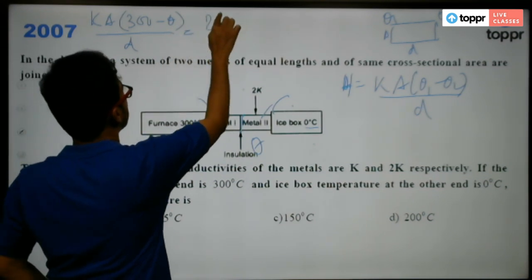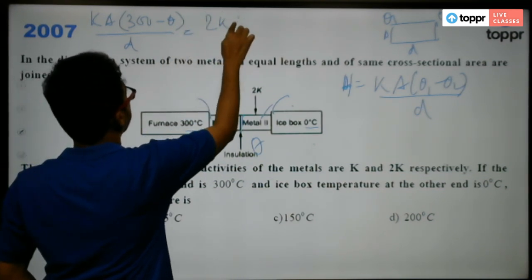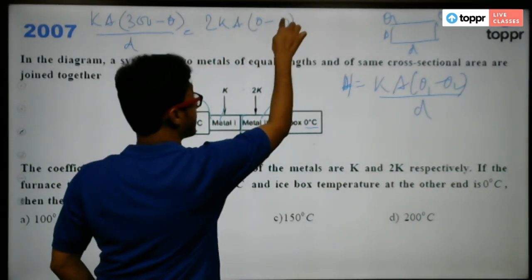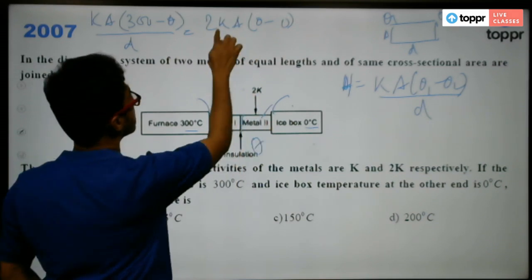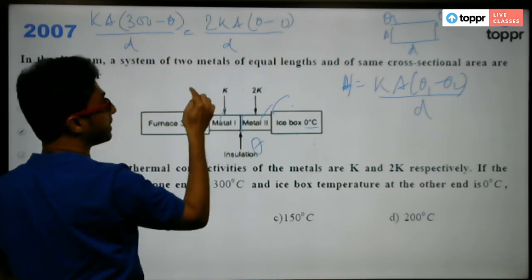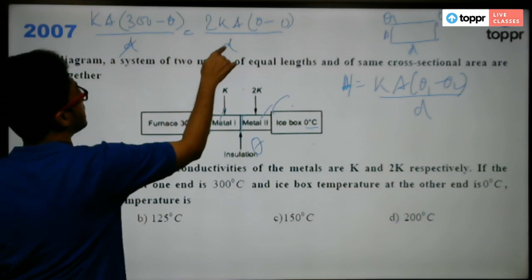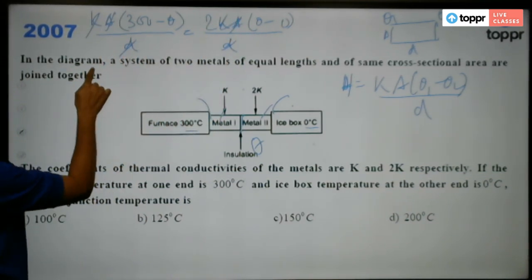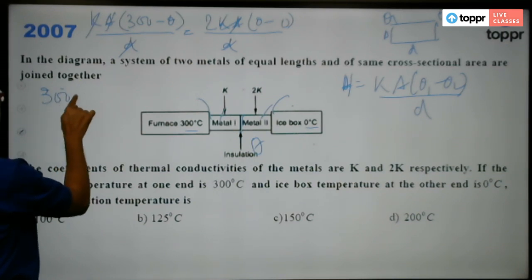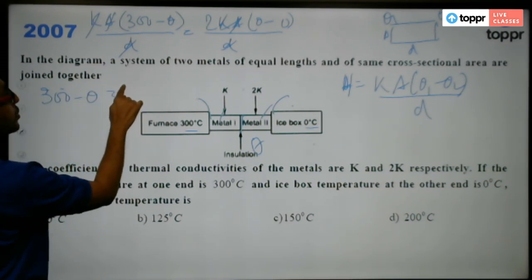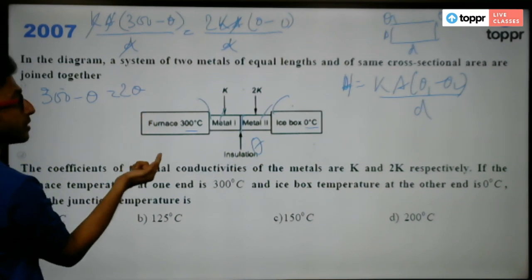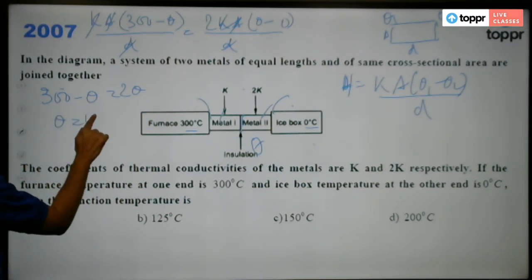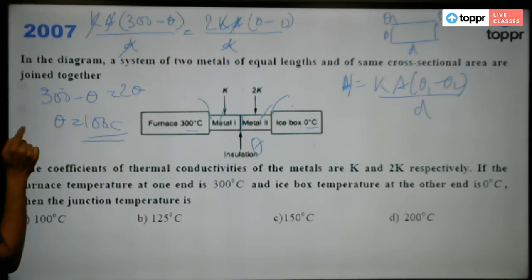It is 2K A, theta minus 0, divided by D. It's very simple. So D, K, A all cancel out. So it becomes 300 minus theta equals 2 theta. So 3 theta equals 300. Theta is nothing but 100 degrees Celsius.